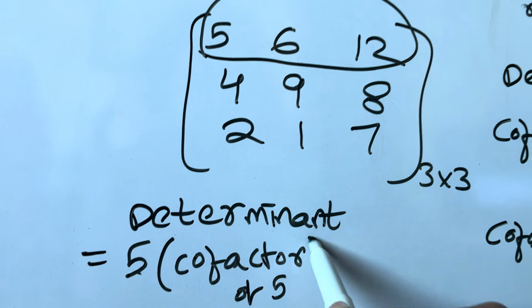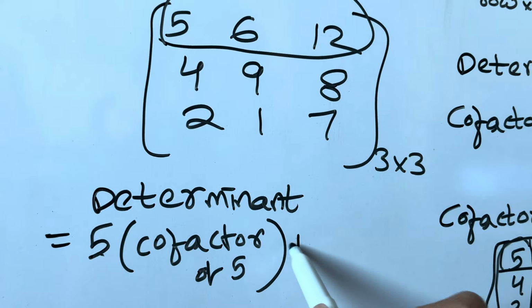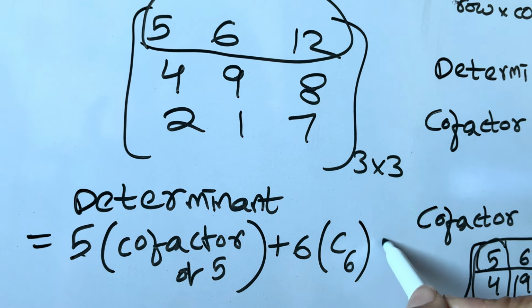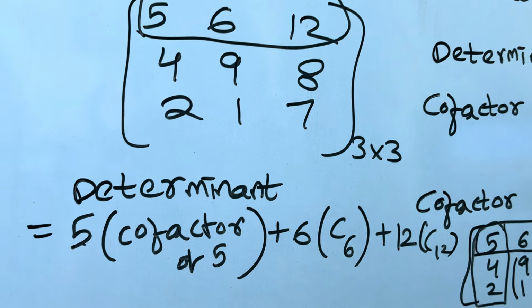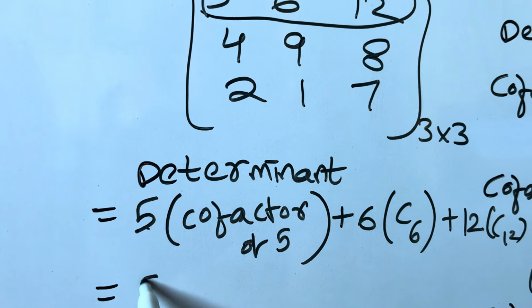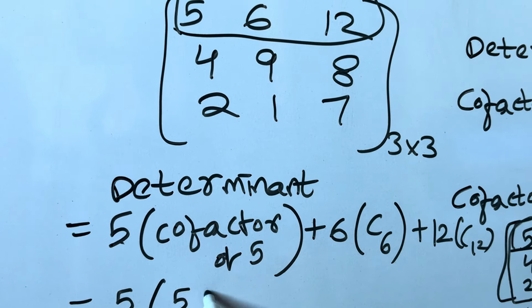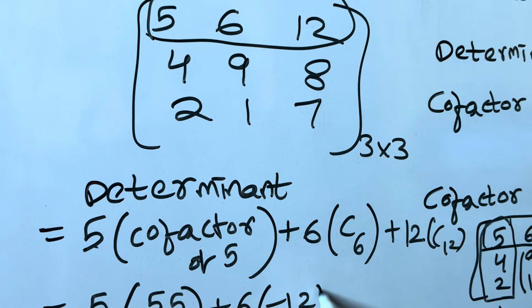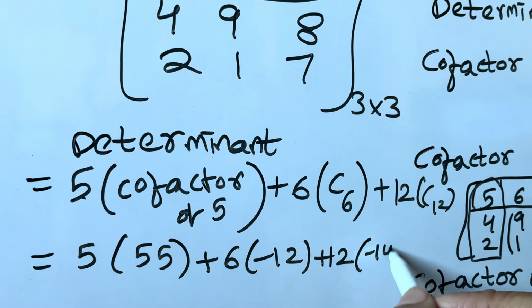My second element is 6, so I'm going to add that with the cofactor of 6. And my next element is 12 with the cofactor of 12. So this becomes 5, and the cofactor of 5 here is 55, the cofactor of 6 is minus 12, and the cofactor of 12 is minus 14.